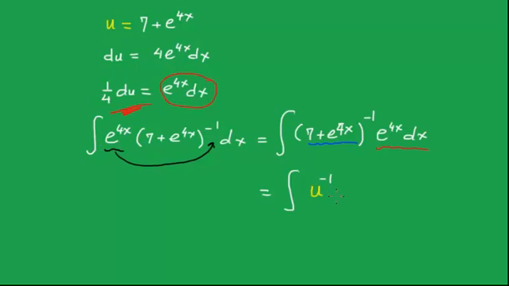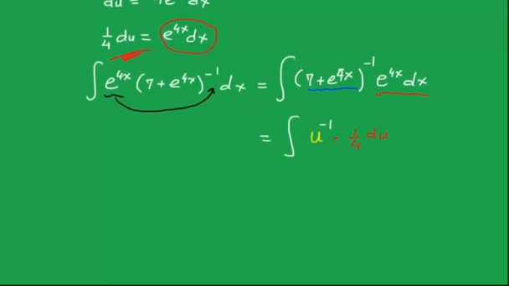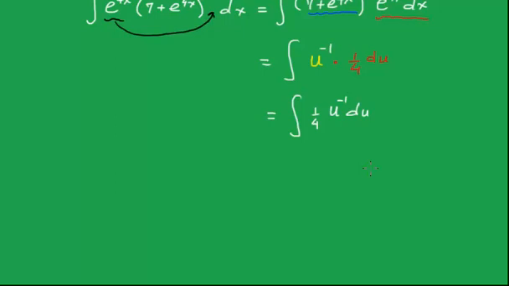So it's times 1/4 du, and I can rearrange once again by putting the constant to the front, so 1/4 u to the -1 du, and an antiderivative of this equals 1/4 natural log of absolute value of u plus c.